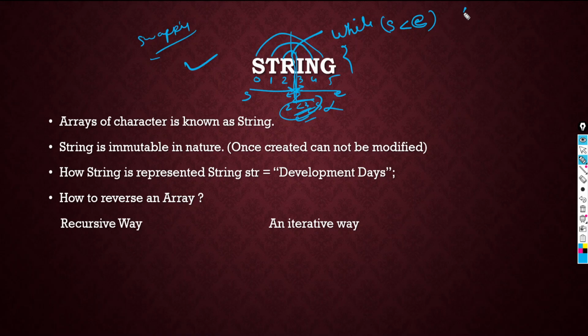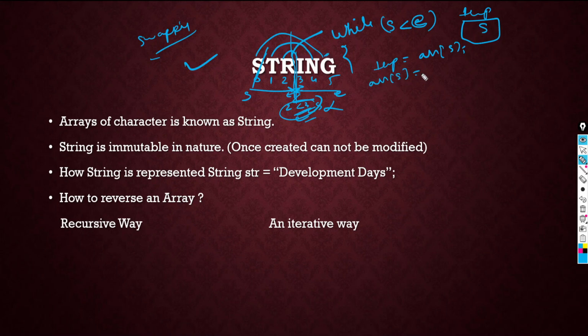I have to take one temporary variable, and into that temporary variable first we need to place this value. Why? Because we need to swap. So how will we do that? Temp is equal to array of start. Then array of start is empty. Now put array of end into array of start.